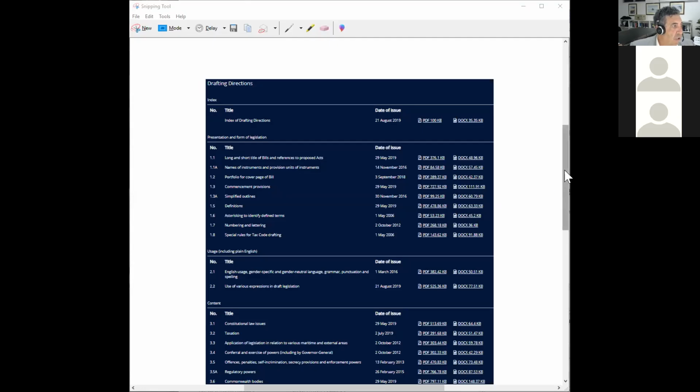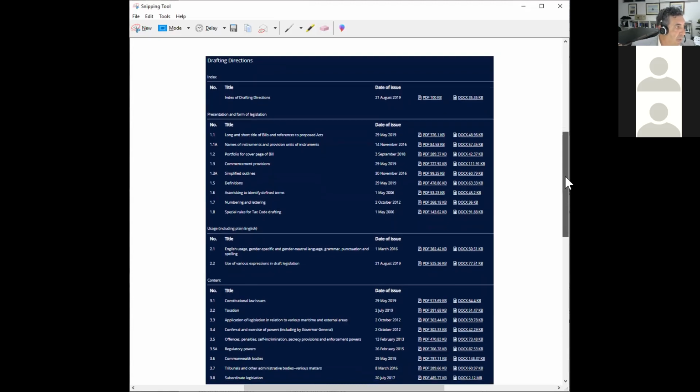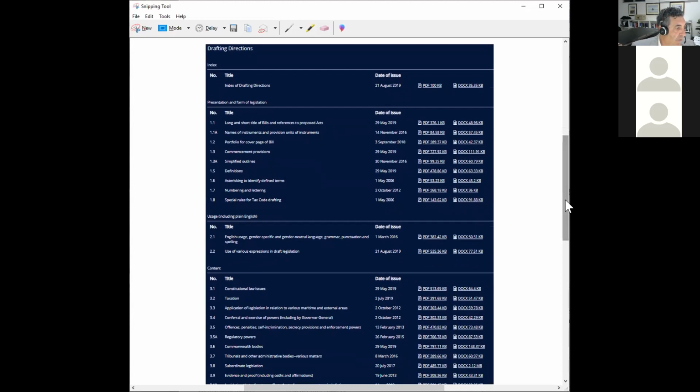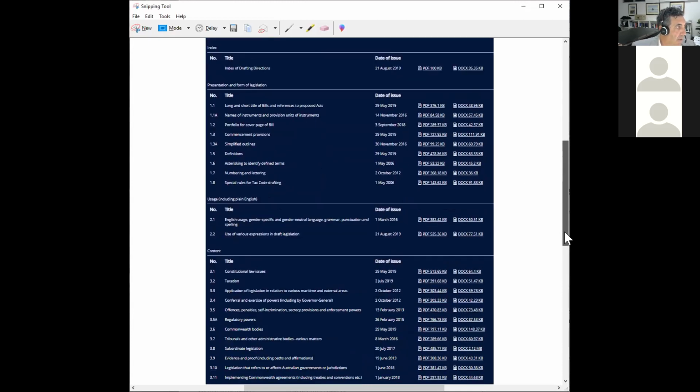We'll have a look at the overall mock-up of drafting directions and the way in which they fit together. So you'll see there a screenshot of the drafting directions, or at least most of them. And the important ones may become obvious to you. I'll see if I can make that a bit bigger. I can't really.